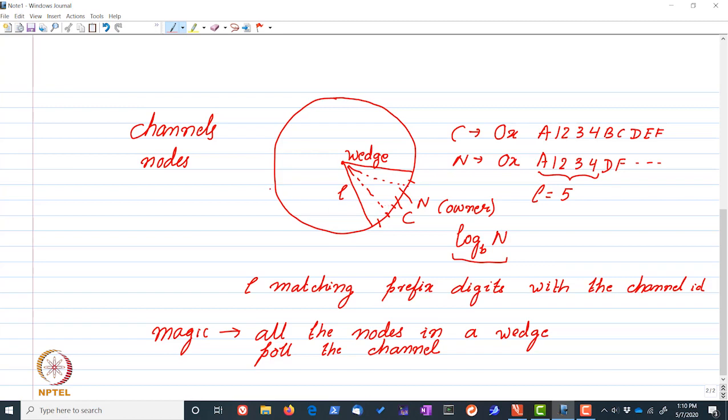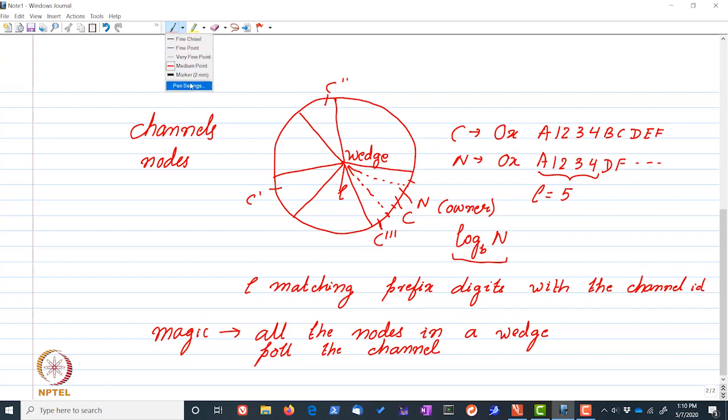On similar lines, we can have different channels at different parts of the Pastry ring. For each of them, we will have a wedge that is defined. Also note that in this case, wedges can be overlapping. So let's say there's another channel over here, something like this. Let me use a different color.